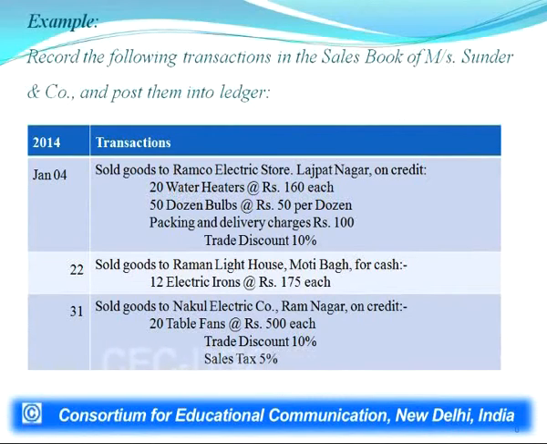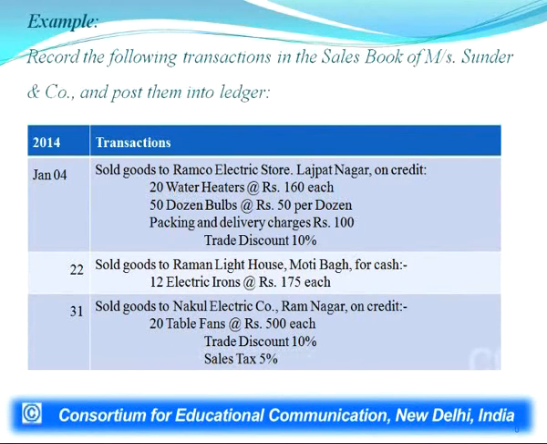Now, the sales tax 5%. We have discussed in the journal chapter that sales tax is collected by a firm on behalf of the government from its customers, and after some time it is paid to the government, while the sales tax we pay at the time of purchase is part of our cost.